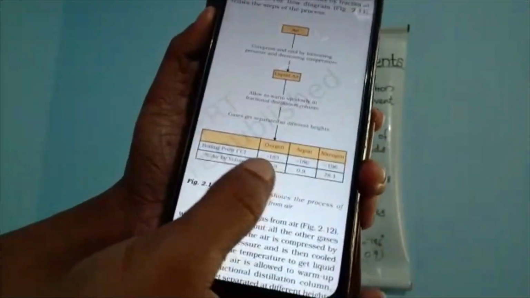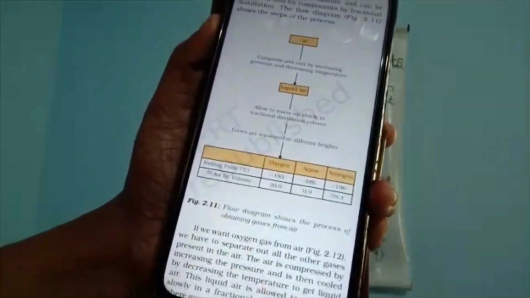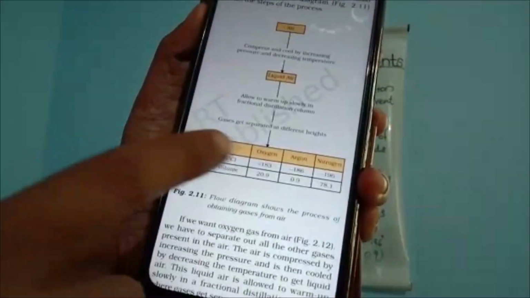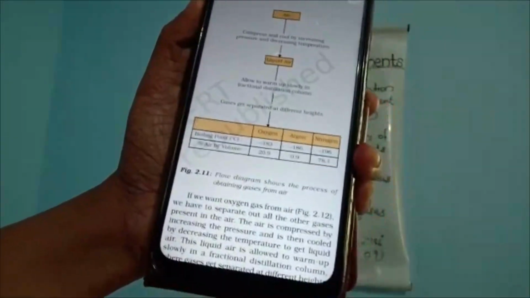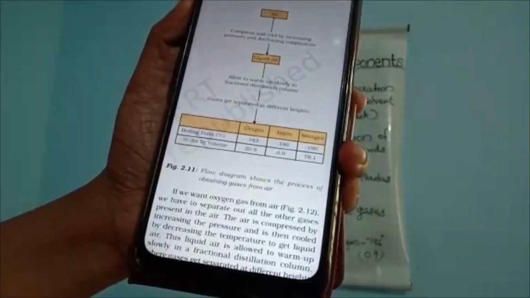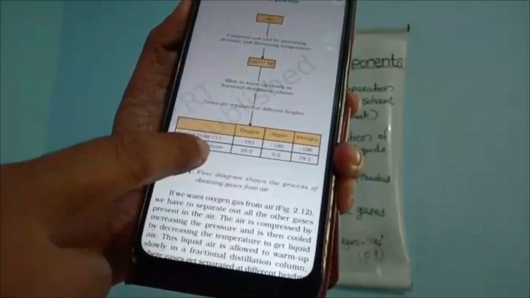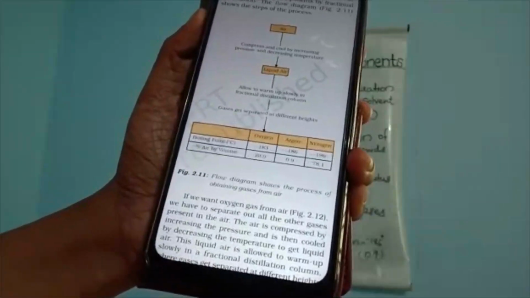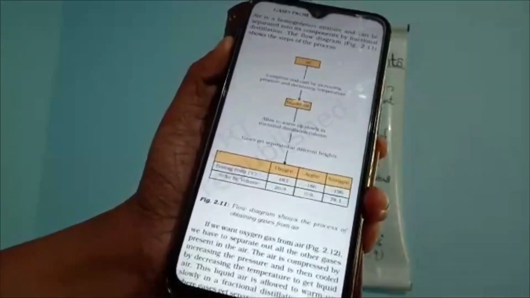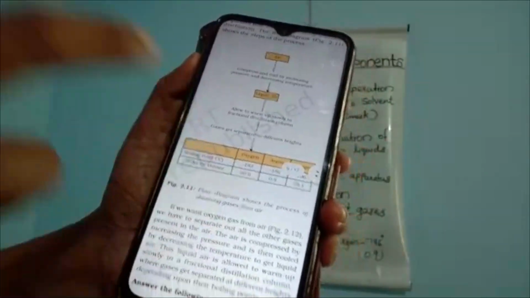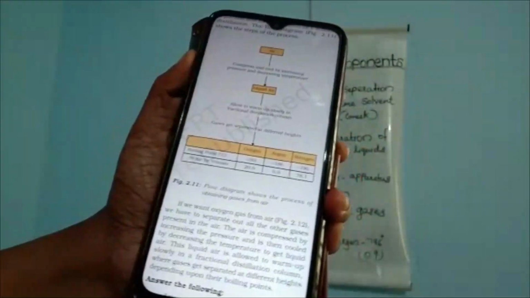The first one is oxygen, with a boiling point of minus 183, and the second one is argon, with a boiling point of minus 186, and the third one is nitrogen, with a boiling point of minus 196. The percentage by volume is 20.9, 0.9 and 78.1. This flow diagram shows the process of obtaining gases from the air. Now we can see how it is happening in this flow chart.